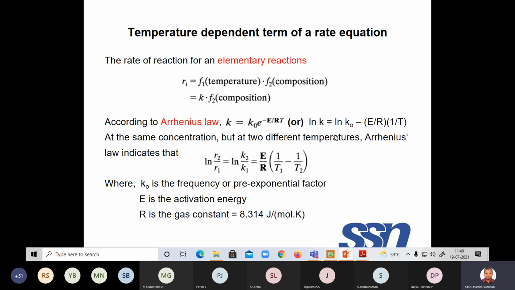So here what is happening? In ln K, K naught is constant because this is the pre-exponential factor. Minus E by R: E is the activation energy, constant, and R is constant, times 1 by T. So if you draw a graph between ln K versus 1 by T, this is in the form of y is equal to mx plus c, where this is the independent variable x, and this is the intercept.